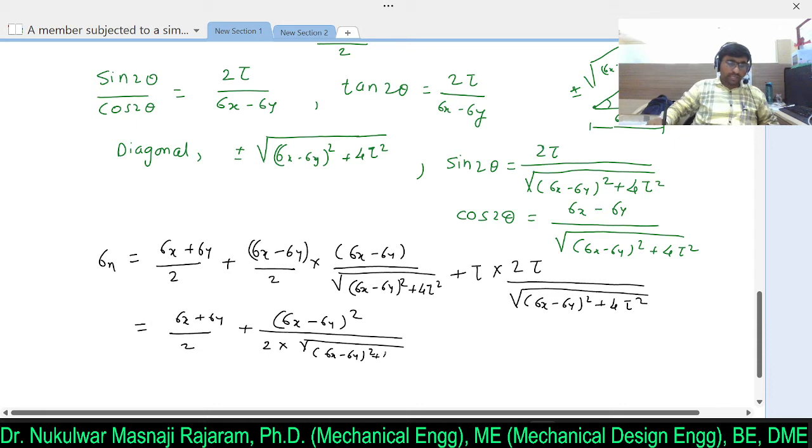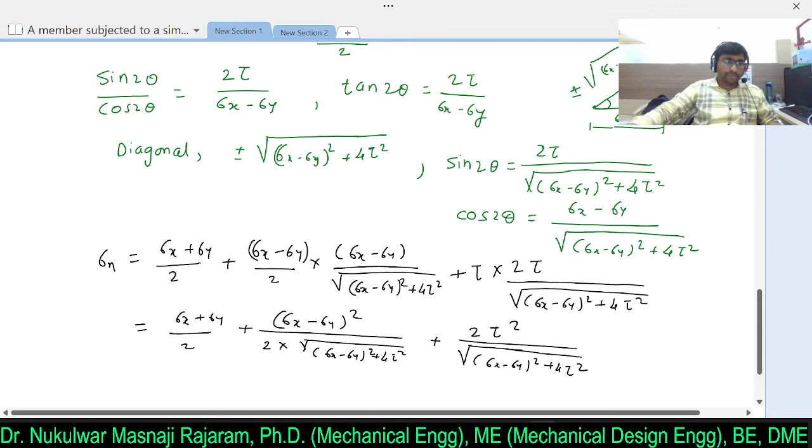I am just rewriting the term, plus, here again tau into tau, 2 tau square, divided by under root of sigma x minus sigma y square plus 4 tau square.